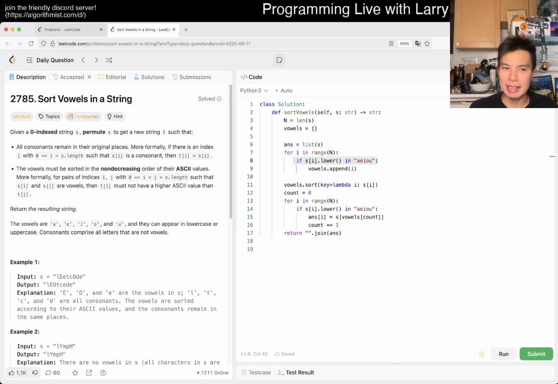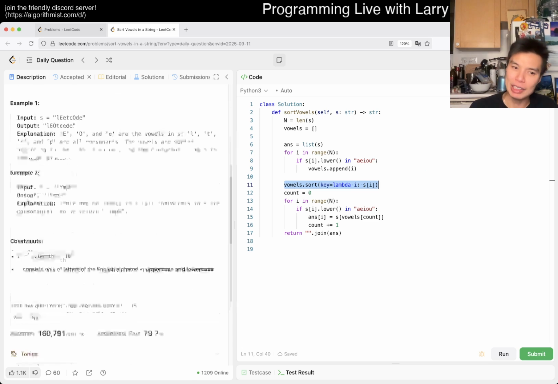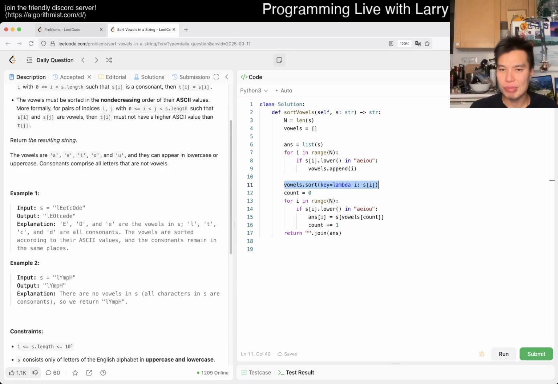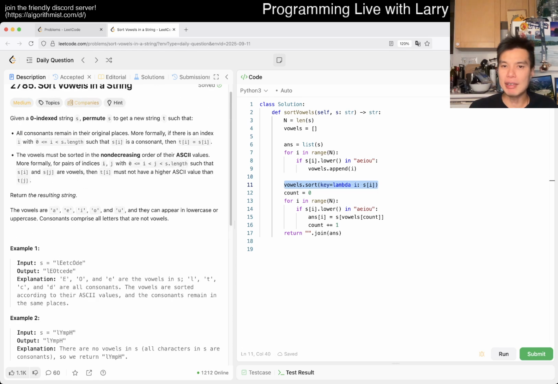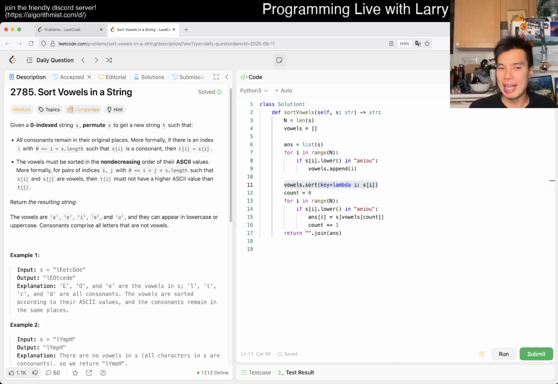So this is gonna be n log n, because everything could just be n. But actually, I think another thing that you can do, I mean, there's this sorting, which, like I said, is n log n, but you can take advantage of the fact that there are at most 10 of these things, right? 10 vowels, 5 lowercase, 5 uppercase, put them in a map, and then do a counting sort, right?